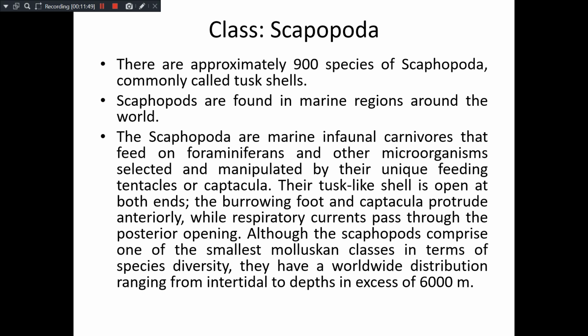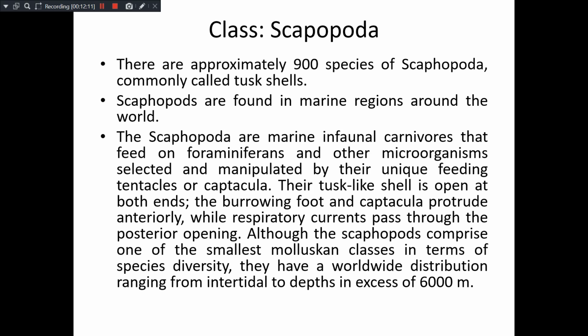So this is the only example that we are going to study about monoplacophora. Now we have to discuss the last class, that is what is called Scaphopoda. Scaphopoda is considerably big compared to the monoplacophorans.